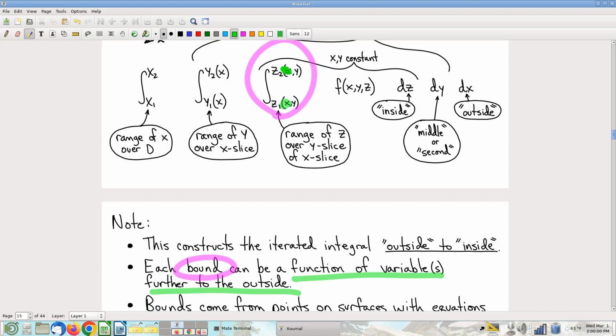So you see here, in this case, the z bounds are functions of x and y because x and y are further to the outside from the z integral for which those are bounds. Said differently, variables further to the outside for a given integral are treated as constants. Same statement, different language.